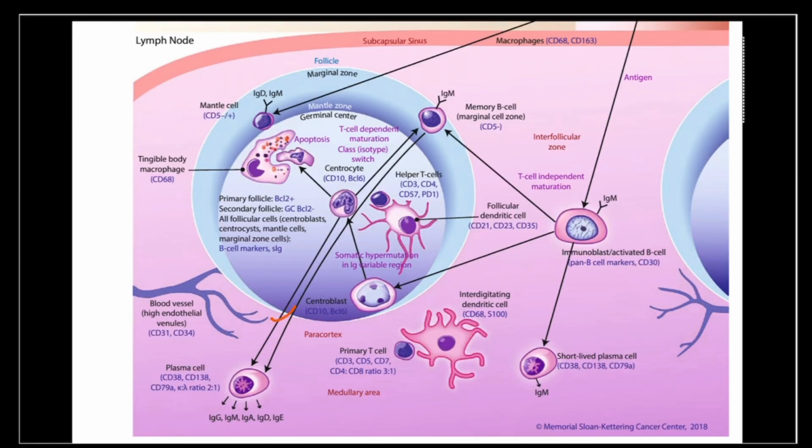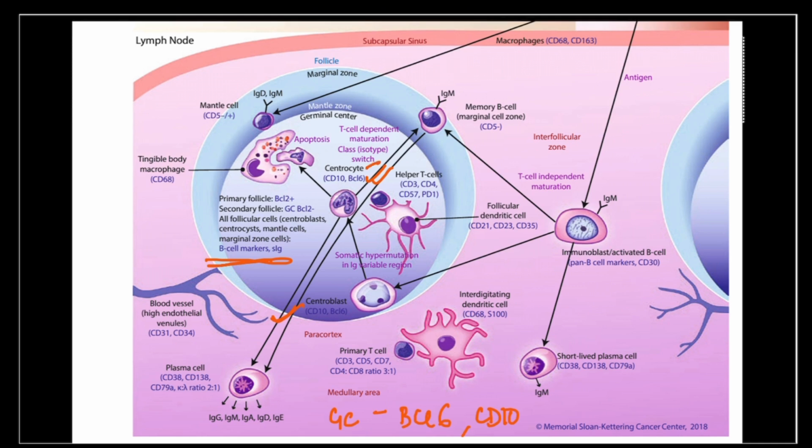Now the centrocytes are going to mature to form short-lived memory cells and the longer-lived plasma cells. These memory cells reside in the marginal zone and are positive for CD27. Since they are short-lived, they are going to produce only one type of immunoglobulin, that is IgM.